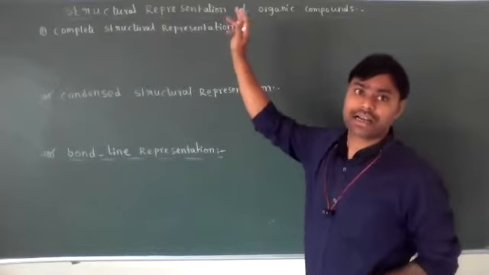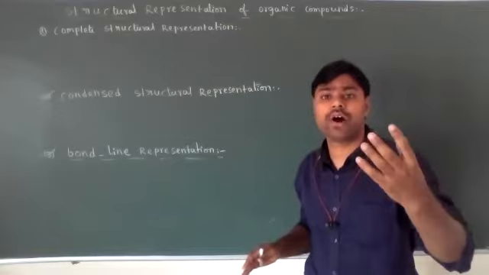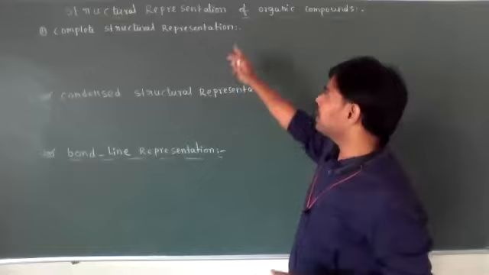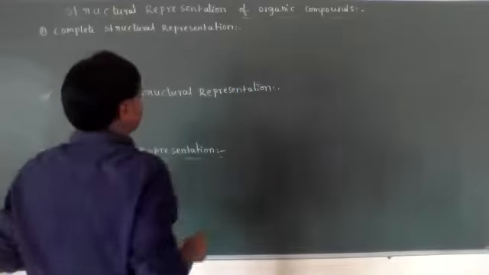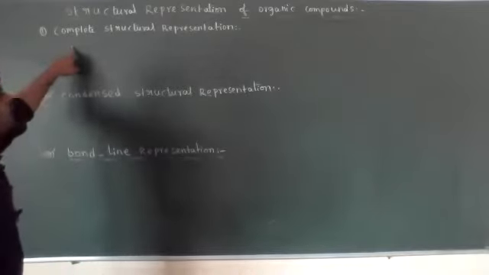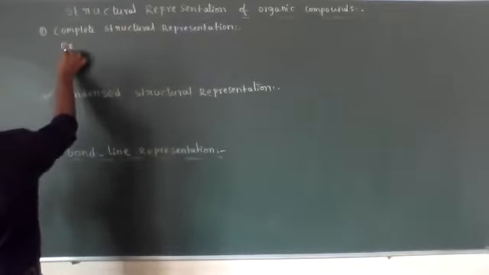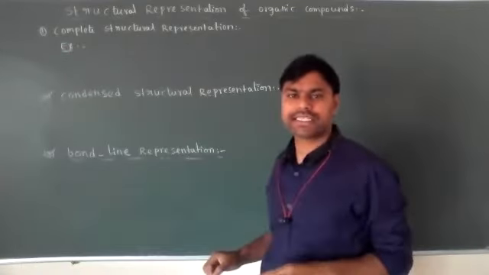Complete structural representation is useful for knowing how the bonding connectivity is present in the organic compound. Mainly it explains that. Okay, let's see. First, I will take the complete structural representation.